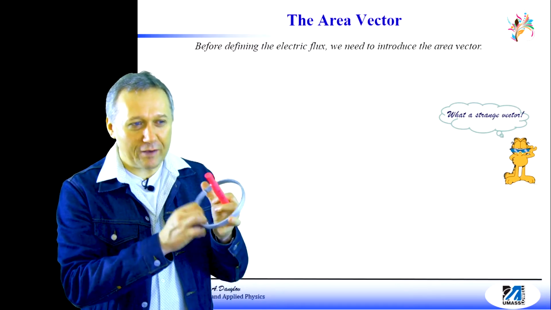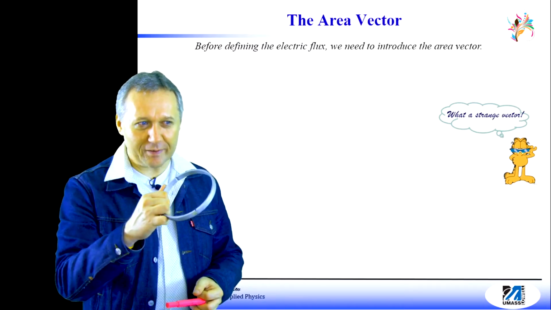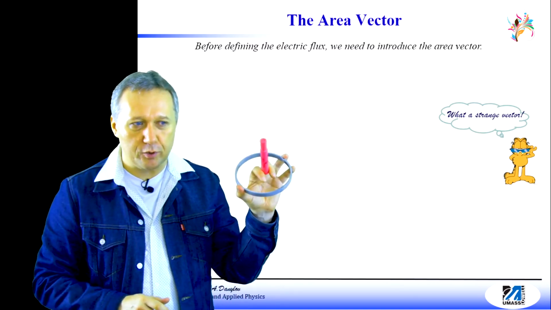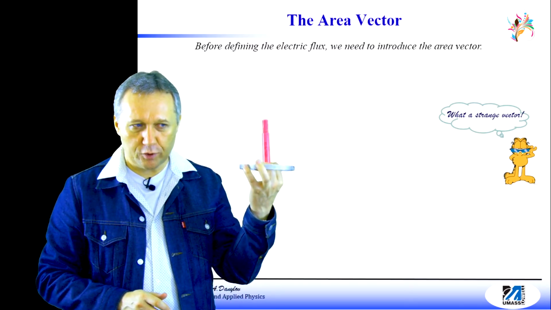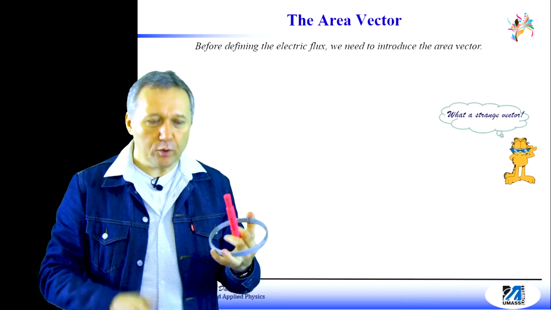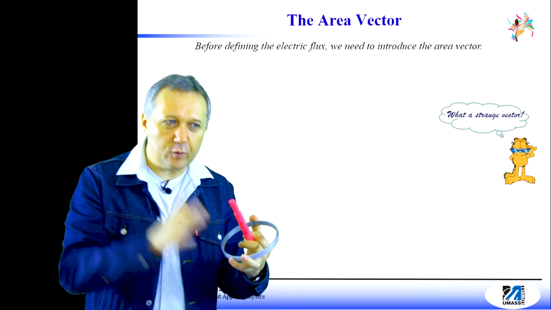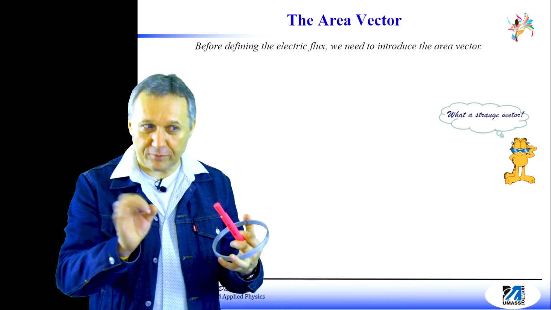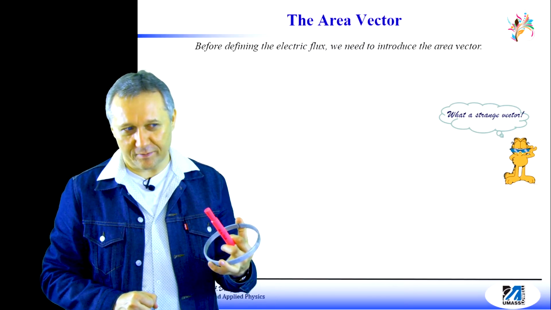Anyway, if you have some surface, for example, like this loop, the area vector by definition is perpendicular to the surface. No questions why and blah blah. No, just by definition, that's how the area vector is introduced in order to simplify notations of the electric flux.